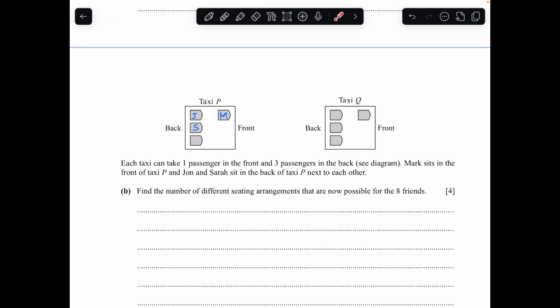And how many people are there now? Out of 8 friends, 3 friends are placed here, John, Sarah and Mark. So how many friends are left then? 5 people to arrange.